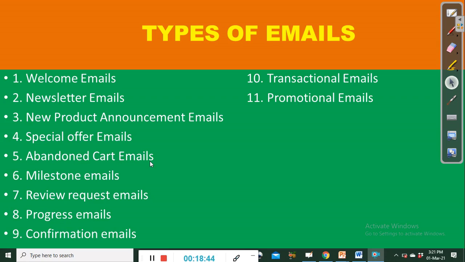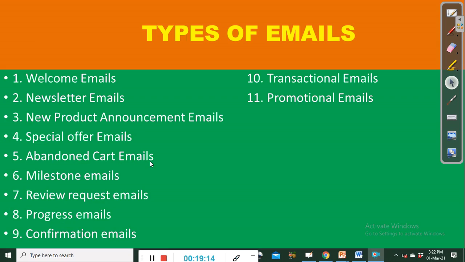So, as the name implies, the special offer email is meant to make some special offers to existing customers or even to prospective customers. And that is exactly what the special offer email is intended to achieve.